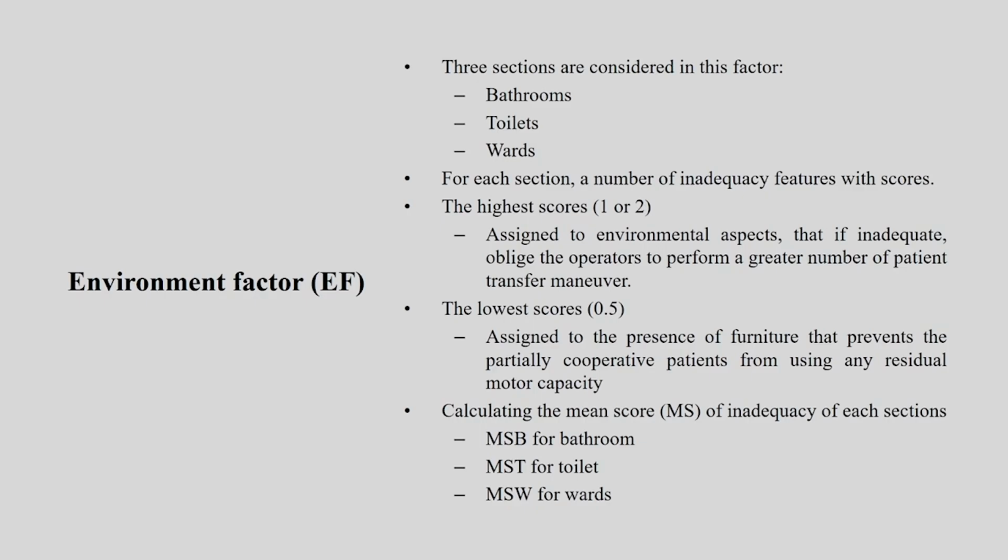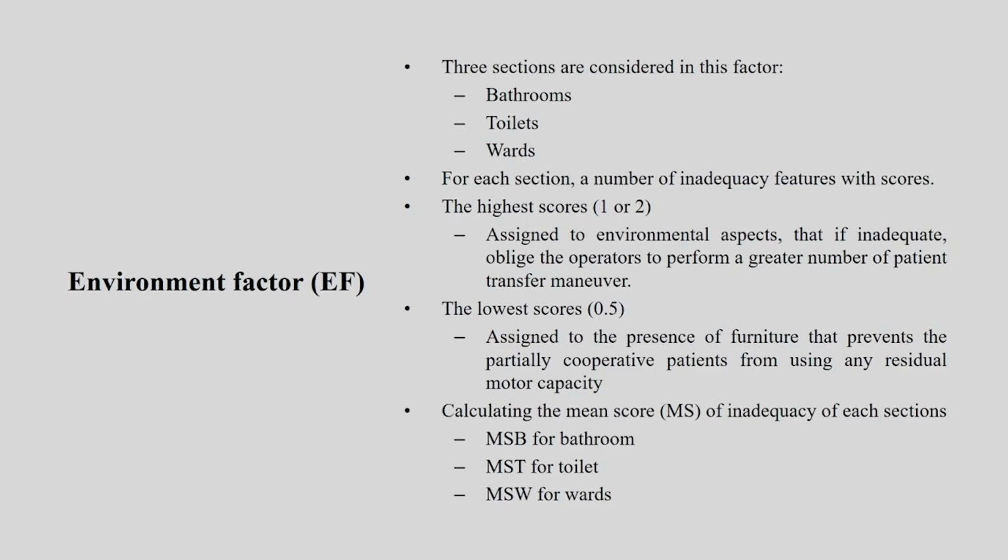The highest score, that is 1 or 2, will be assigned to the environmental aspect that, if inadequate, obliges the operators to perform a greater number of patient transfer maneuvers. And the lowest score, that is 0.5, will be assigned to the presence of furniture that prevents the partially cooperative patient from using the residual motor capacity.